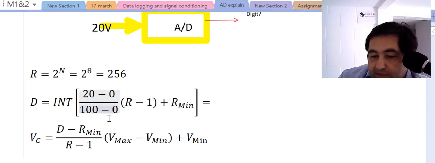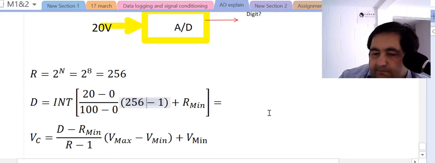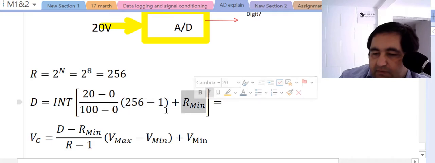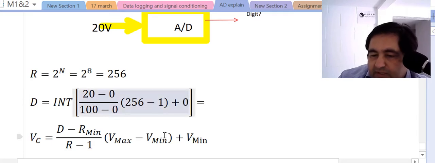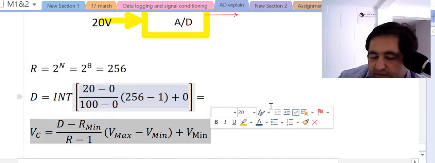Well, 0. And times R minus 1. And how much is R? We said 256 upstairs. Minus 1 plus R minimum. And R minimum, we put 0 in most cases here. We actually don't need this one as well.